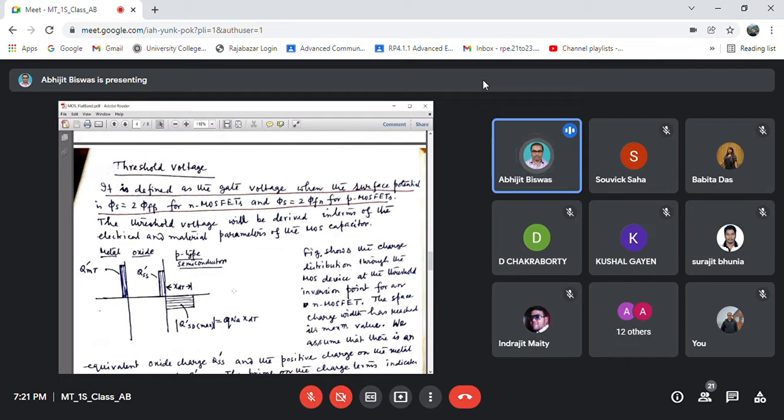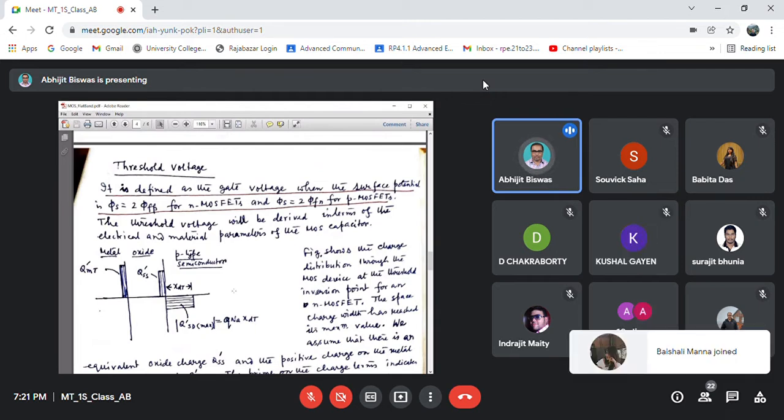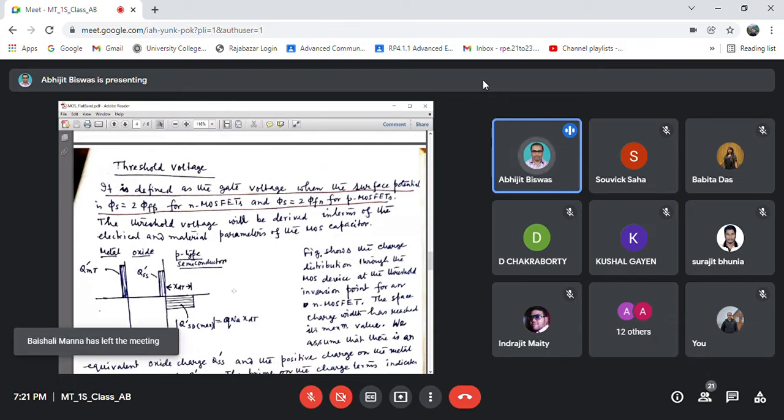I already discussed the condition of the onset of strong inversion. This threshold voltage corresponds to that point, and the threshold voltage will be derived in terms of the electrical and material parameters of the MOS capacitor.